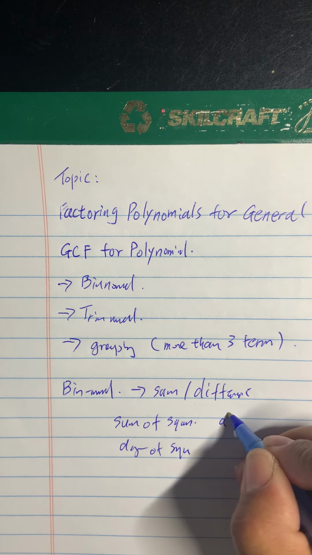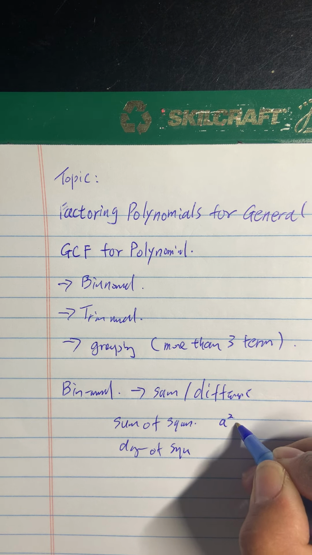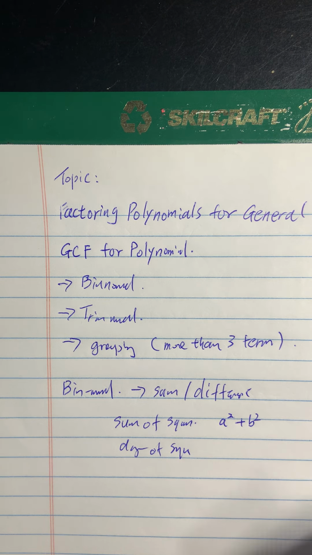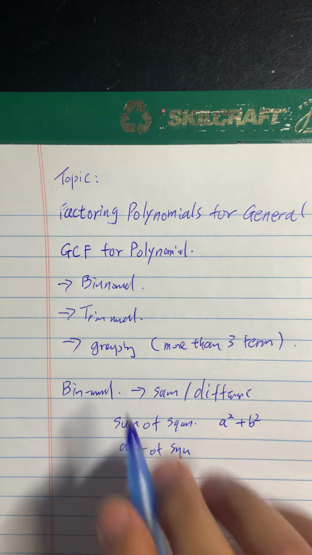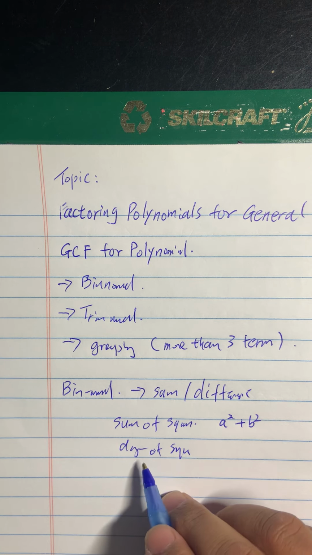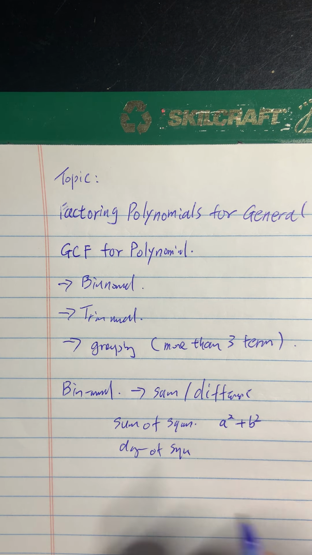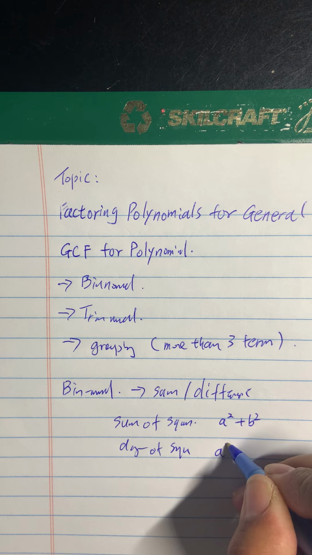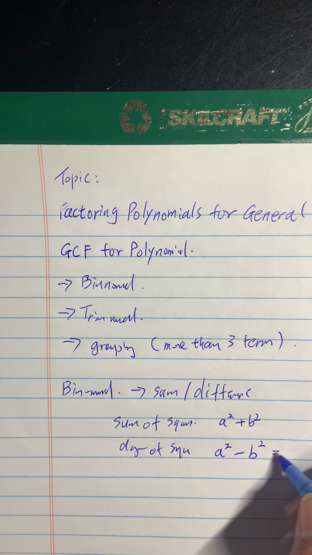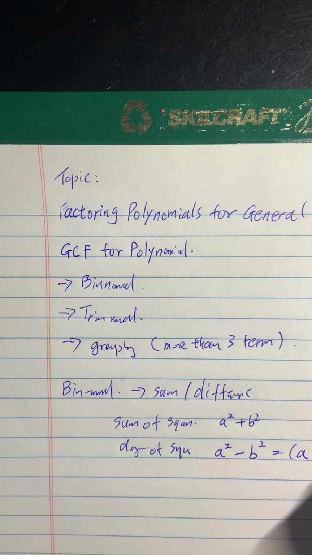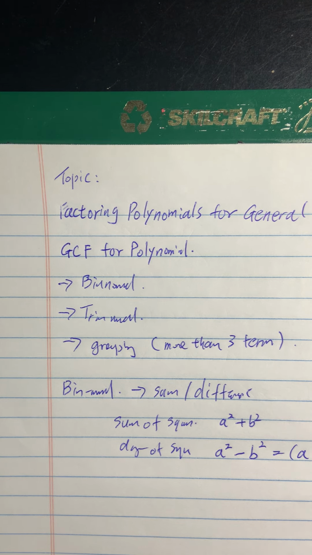Like this one, a squared plus b squared: there is no GCF, or there is no factoring for the binomial. But the difference of the squares, a squared minus b squared, equals a minus b times a plus b. This is for the square.